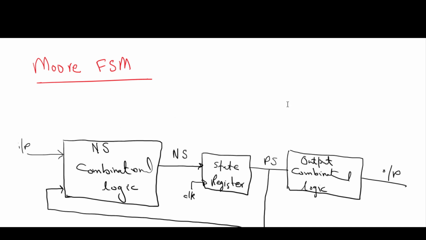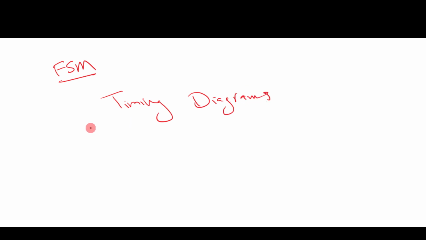Just an overview: finite state machines can be represented using timing diagrams, that you can study yourself in chapter number, I guess it is 11 of your textbook.